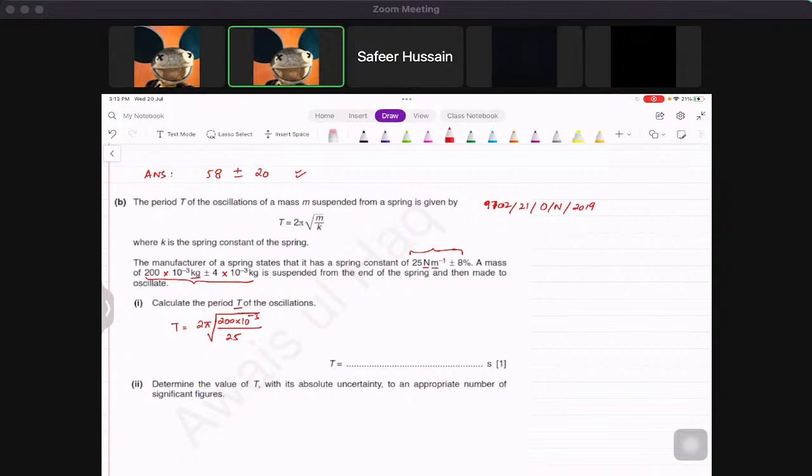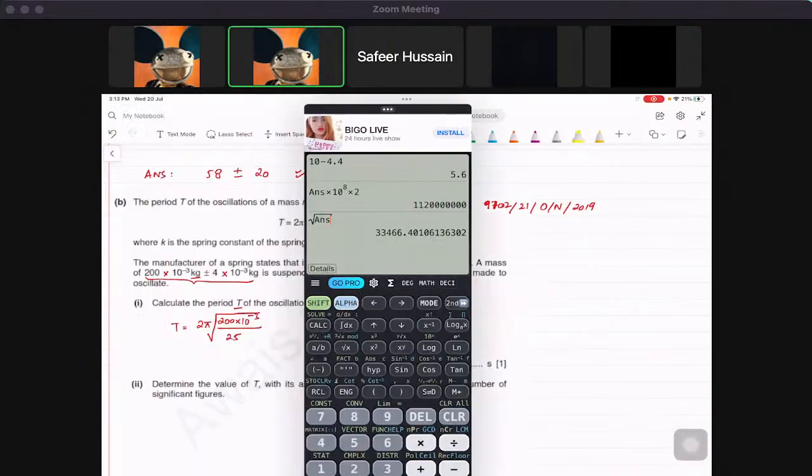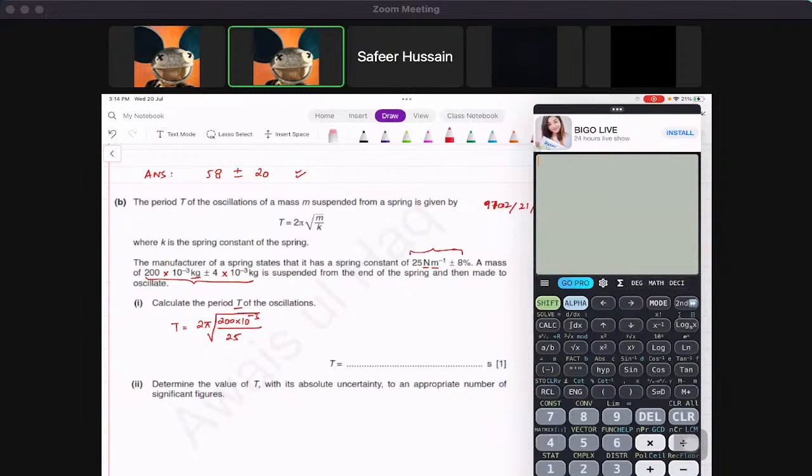So let's now do it. 2 pi times root of 200 times 10 raised to power minus 3 divided by 25.